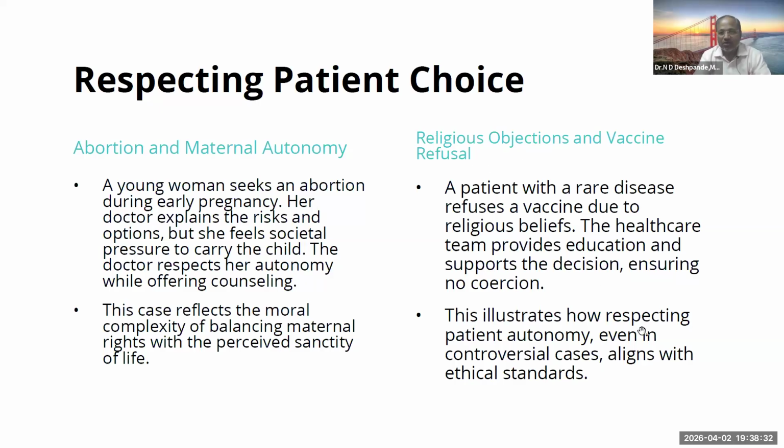So this illustrates how respecting patient autonomy, even in controversial cases, aligns with ethical standards. Due to religion, culture or tradition, some people may have a refusal mindset. But at that time, it becomes a moral or ethical standard to ensure that decisions are in his favor.